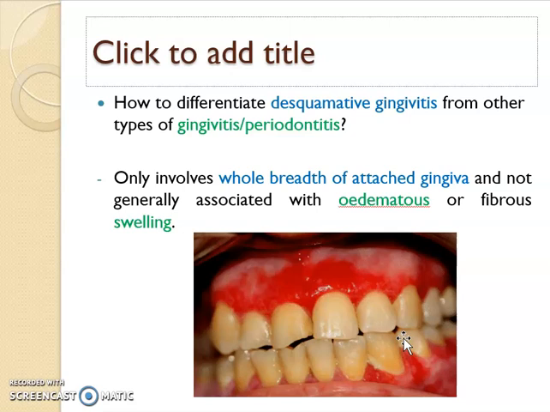Plaque will accumulate and gingivitis and periodontitis will occur later. So you may see patients with desquamative gingivitis together with gingivitis and periodontitis, because of the pain. They may coexist.